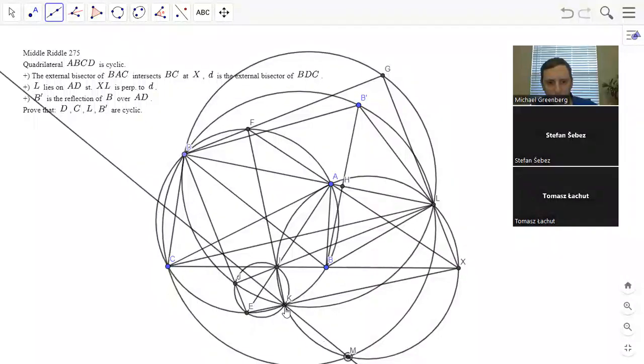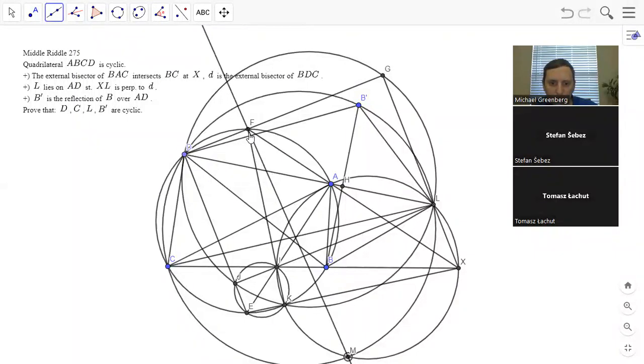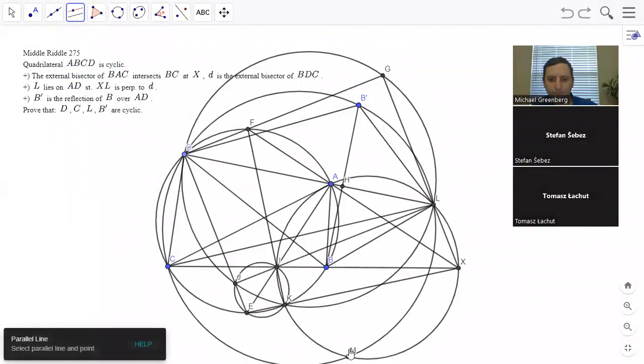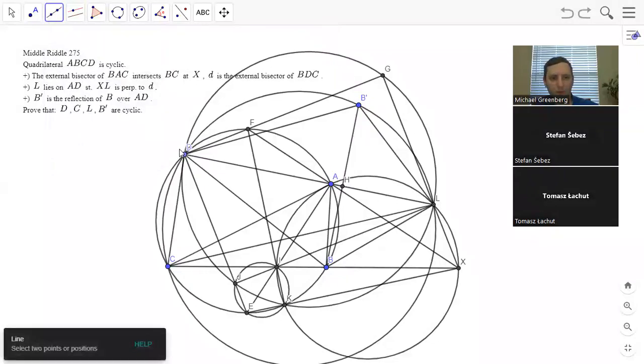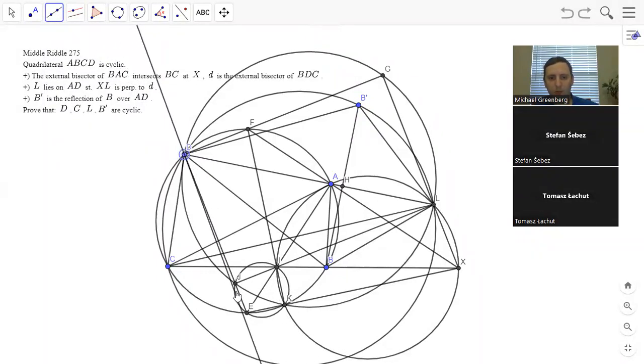No. Let's see, what can we do with that circle? I'm trying to see if there's another special point on that circle.